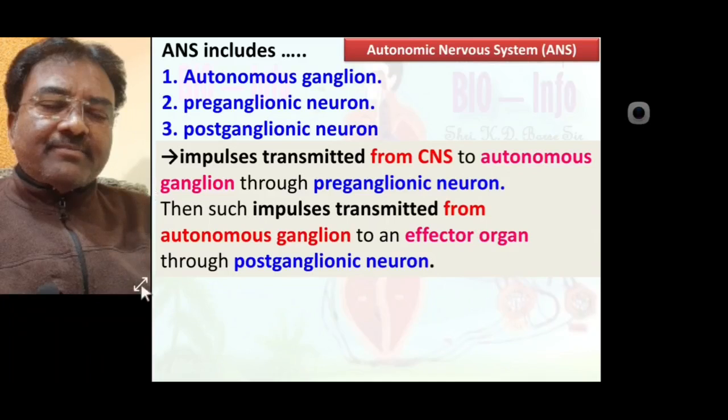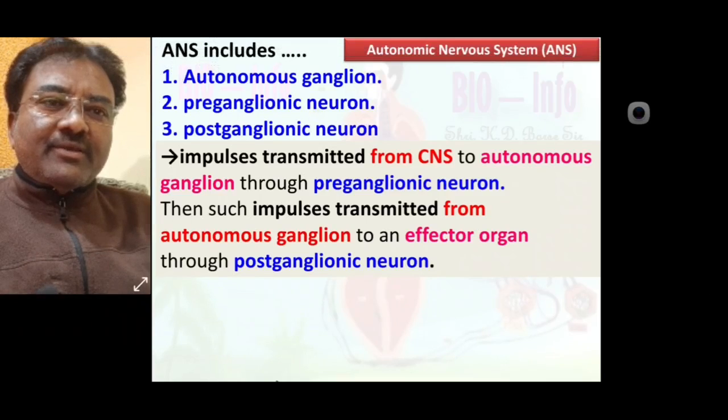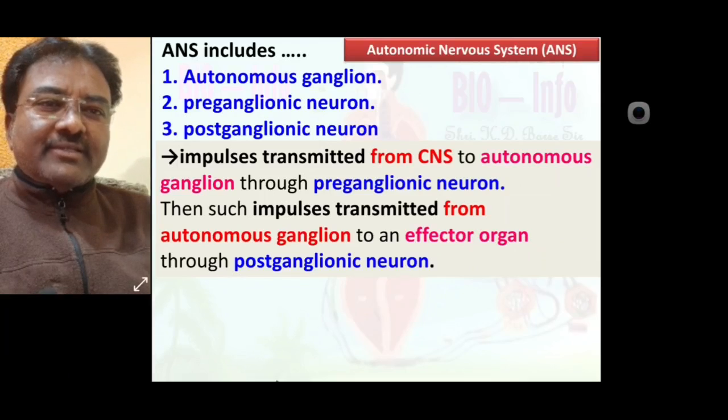Such controlled major processes take place by the autonomic nervous system, controlling effector organs, involuntary organs, smooth muscles or glands.